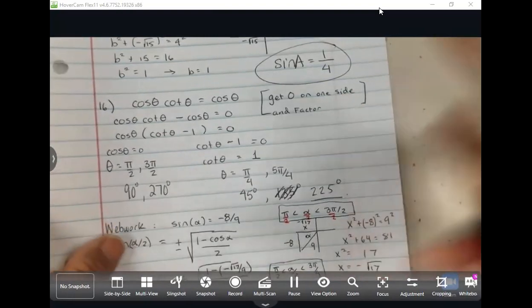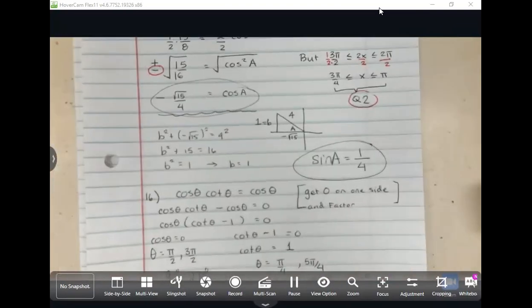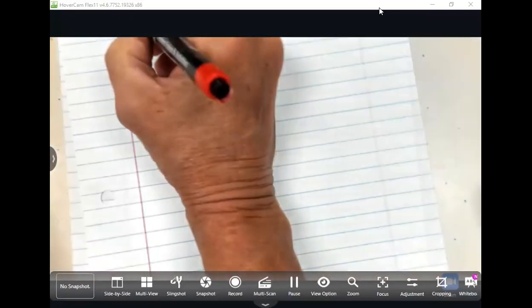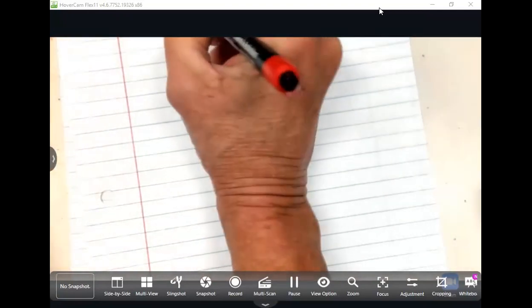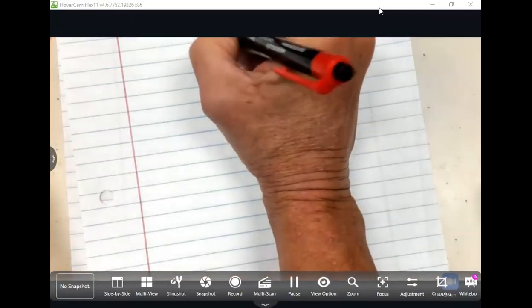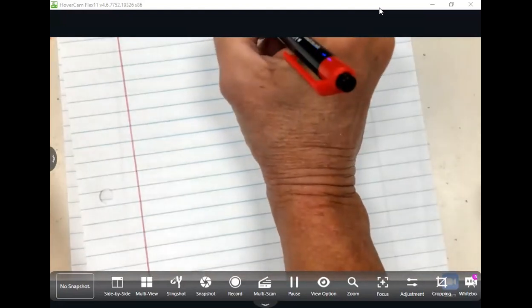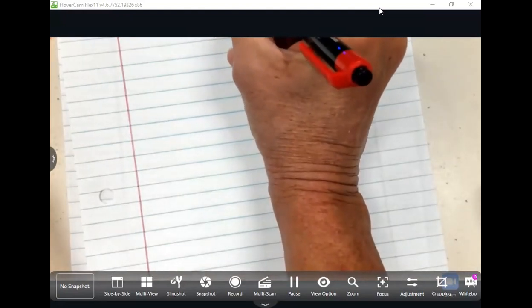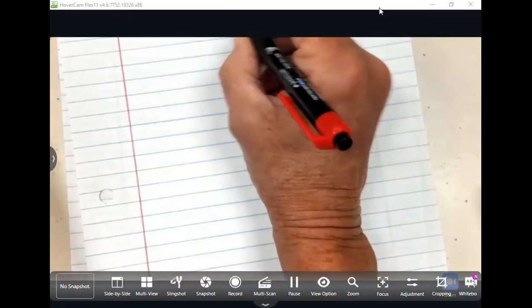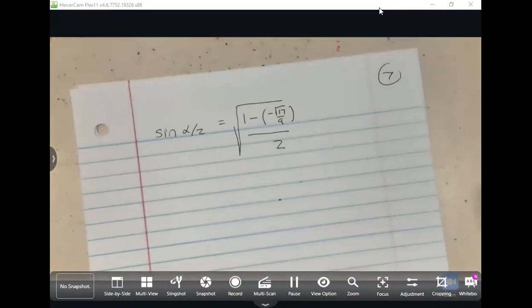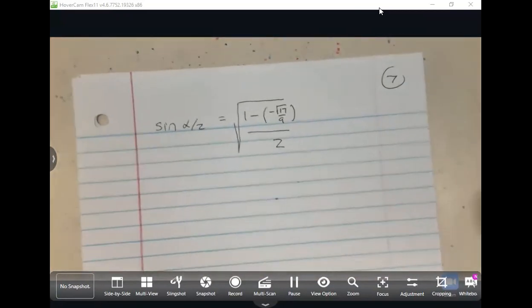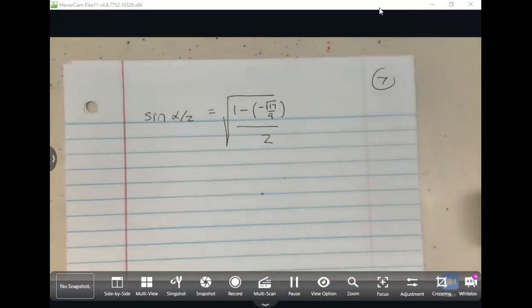If you simplify that a little bit, I got 2 minus signs in there. Let me copy it down up here and go to my next page. I've got that the sine of alpha over 2 is equal to the square root of 1 minus negative square root of 17 over 9, over 2. Two minuses means I'm adding up there.